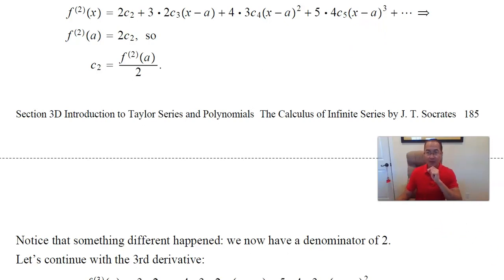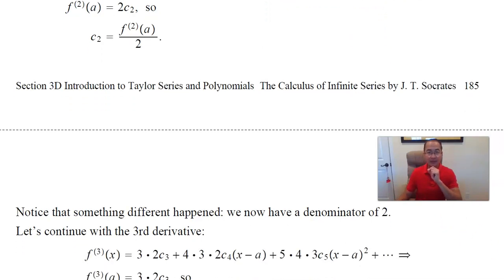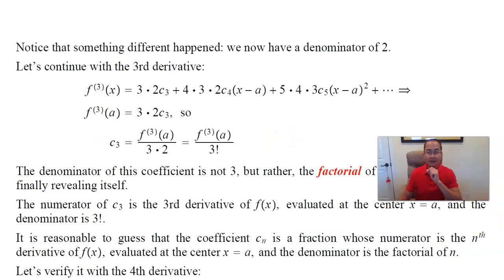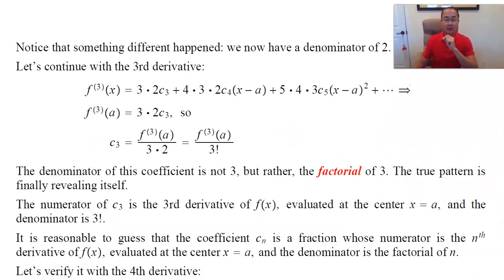Okay? So I hope that that is starting to form. Let's take a look at the third derivative. There we are. So we said that the only survivor that's going to survive when we plug in x equals a.